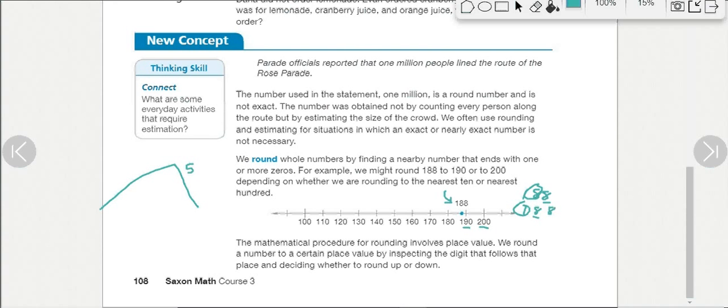And this looks like we go down, but anything on this side means we round up, and anything on this side means we round down. Okay, that means if it's 5 or more, we're still rounding up, even though 5 is technically in the middle. That's how we've agreed to do it.